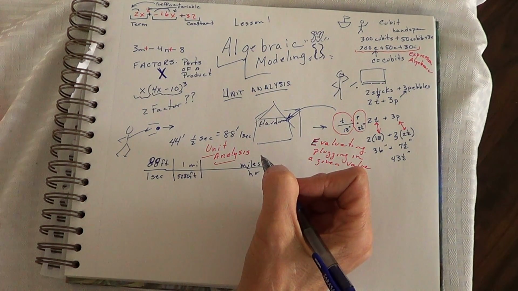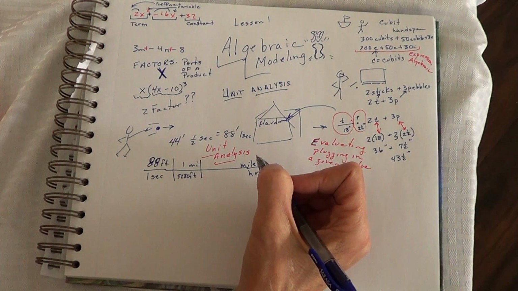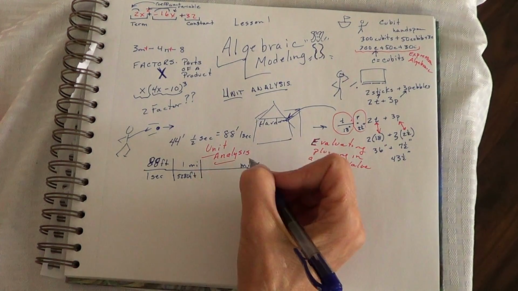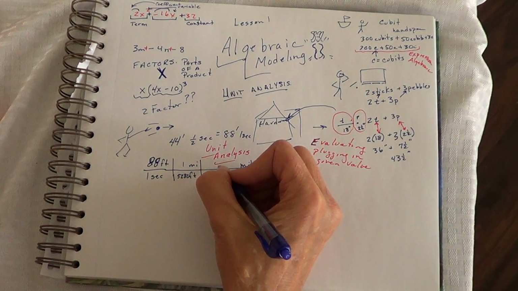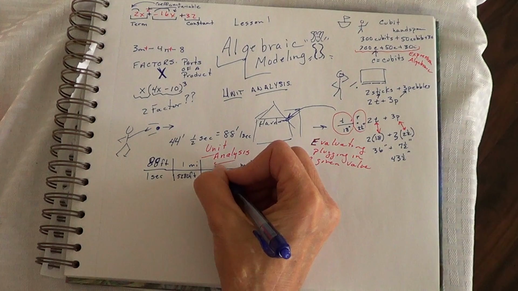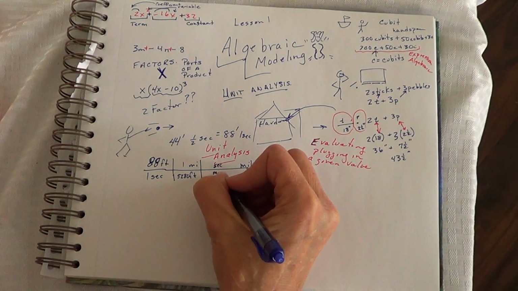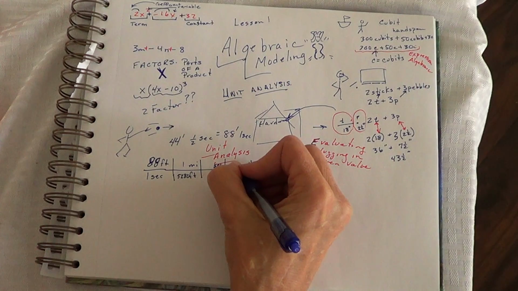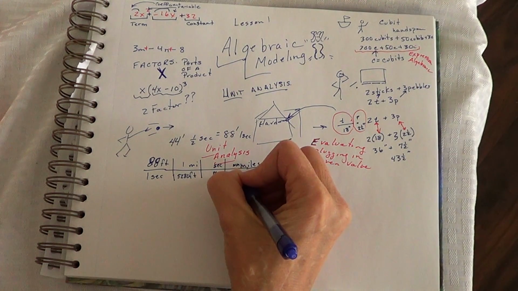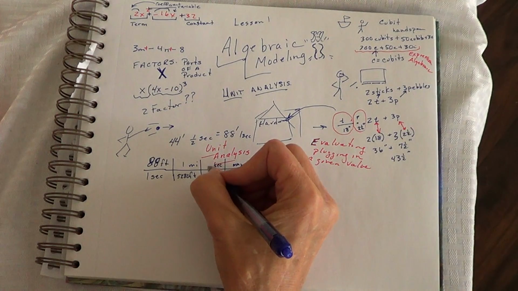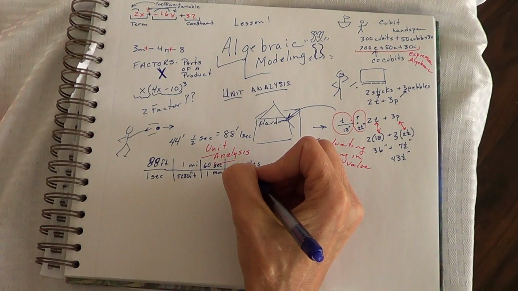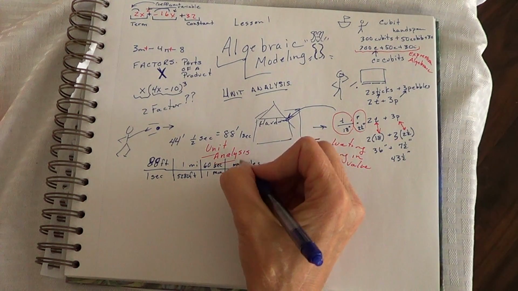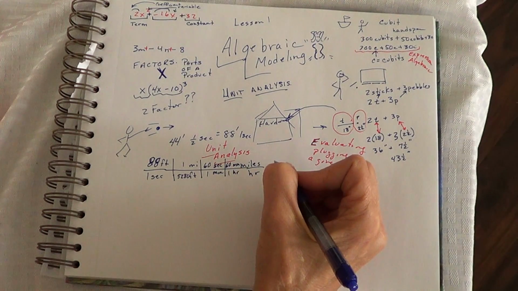And now how many seconds in an hour? Well, we know that there's 60, let me think, we want seconds. Well, let's go with minutes first. So if we want seconds up here, seconds per minute, and minutes per hour, then we go 60 seconds in 1 minute, and 60 minutes in 1 hour.